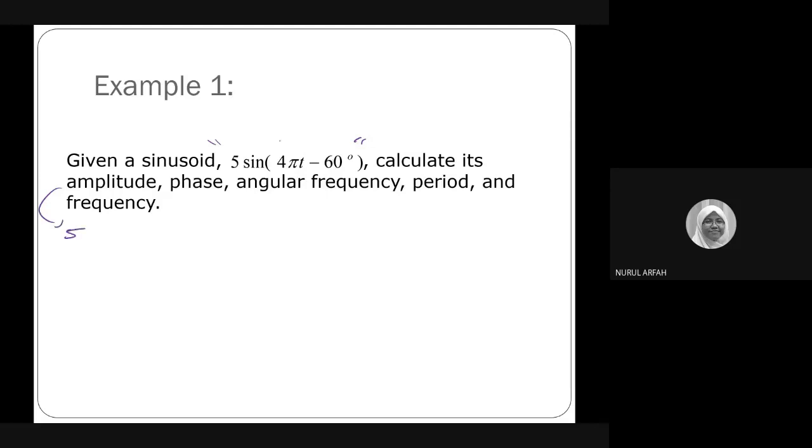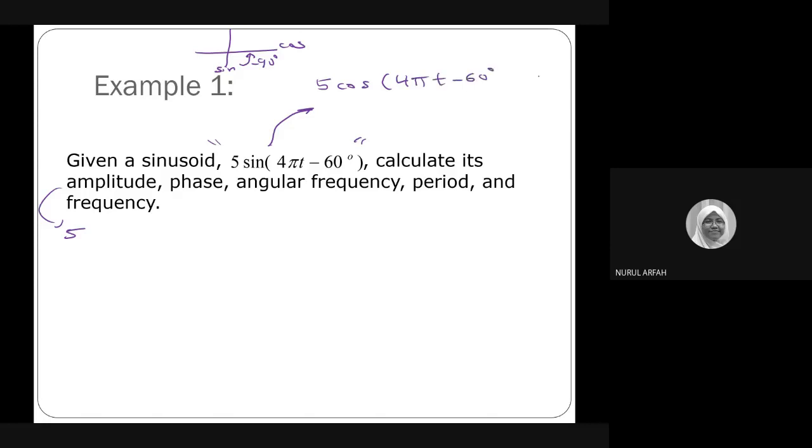But always make a habit of converting this into cosine form. So what is the cosine form? If you know this is a sine and you want to convert it, you subtract 90 degrees. So it becomes 5 cosine of 4 pi t minus 60 degrees.